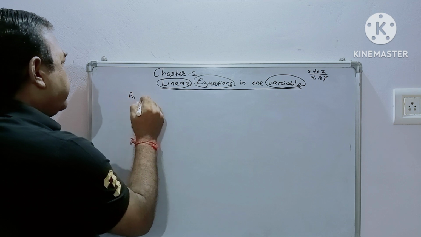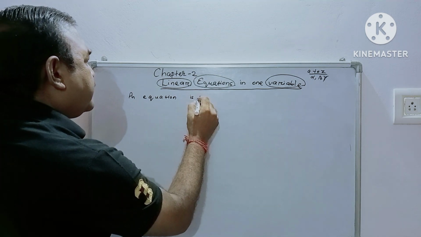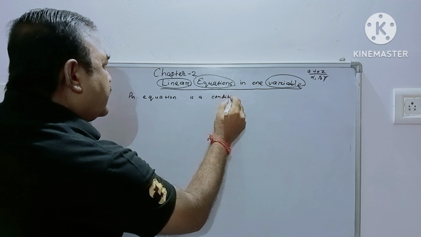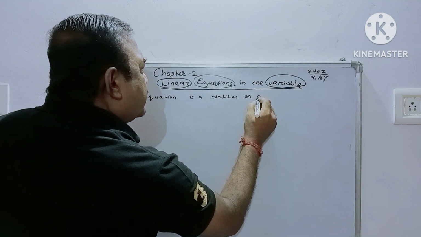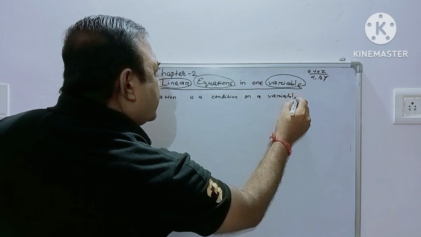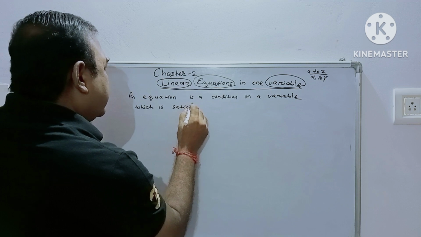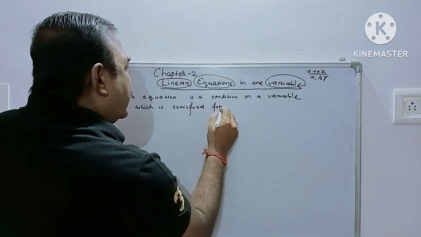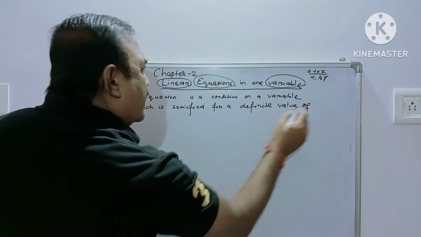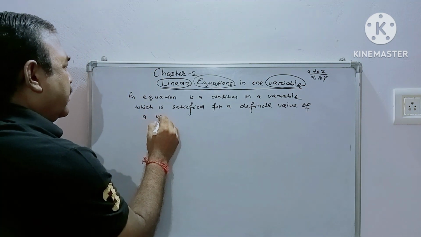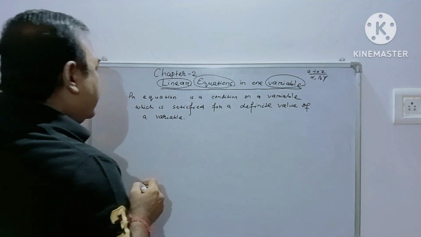An equation is a condition on a variable which is satisfied for a definite value of a variable.